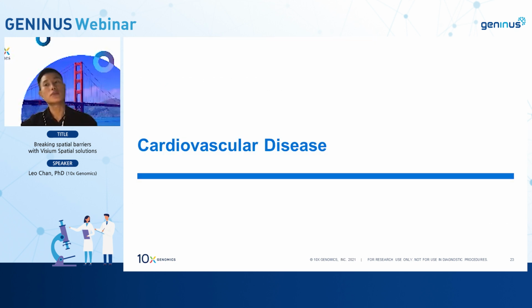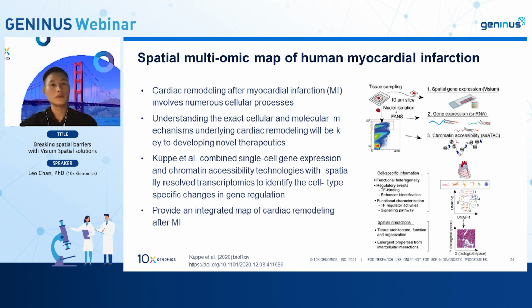For cardiovascular research, let's look at an example studying heart attack. Myocardial infarction, MI, or heart attack, is the leading cause of mortality worldwide. While advances in the acute treatment have been made, the late-stage mortality is still high, driven by an incomplete understanding of cardiac remodeling processes.